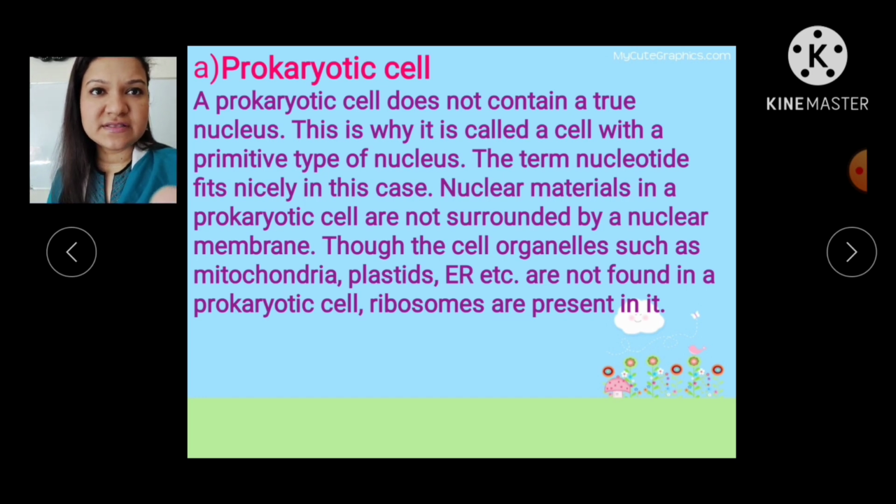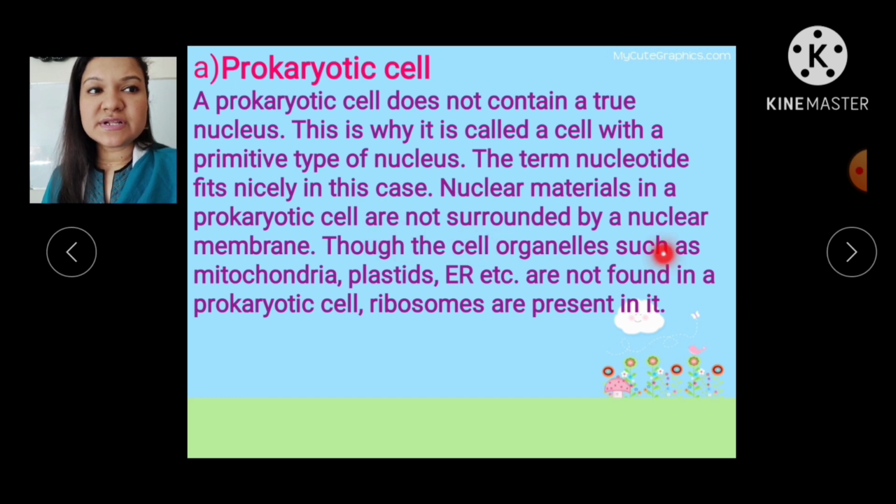So let's see the definition. A prokaryotic cell does not contain a true nucleus. This is why it is called a cell with a primitive type of nucleus. The term nucleoid fits nicely in this case. Nuclear materials in a prokaryotic cell are not surrounded by a nuclear membrane.